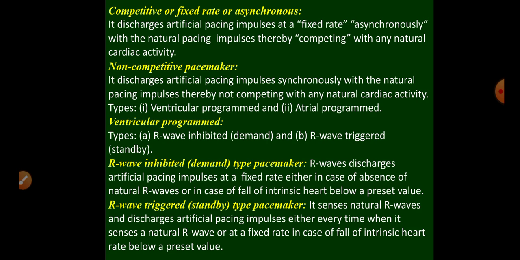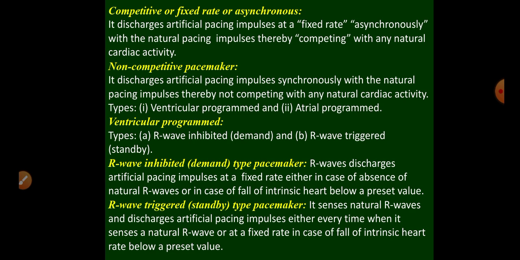Okay, so again, in case of your ventricular programmed, it is either R wave inhibited, that is your demand, or R wave triggered, that is standby. Okay, so R wave inhibited or demand type pacemaker discharges artificial pacing impulses at a fixed rate, either in case of absence of natural R waves or in case of fall of intrinsic heart rate below a preset value.